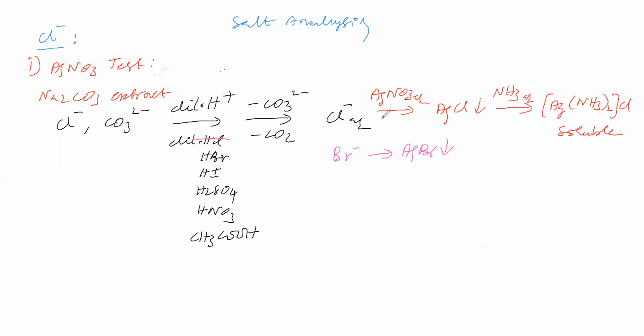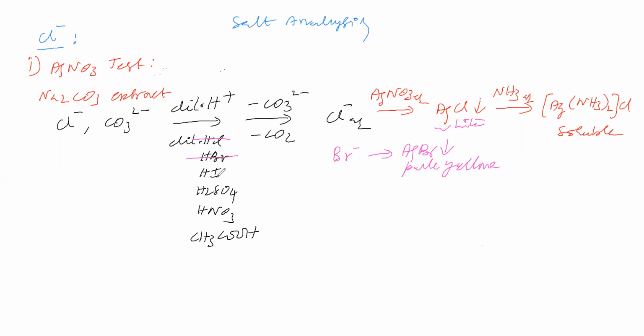If Br minus consumes the silver, then what is left for Cl minus? Since it gives a precipitate anyway, we will get confusion. Of course AgCl is white and AgBr is pale yellow, even then we will get confusion. So we avoid adding HBr.